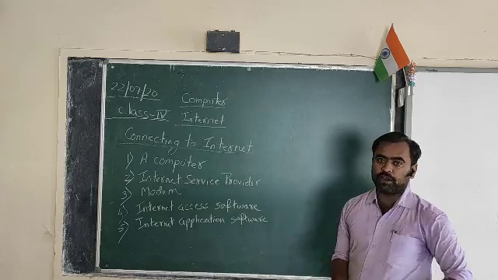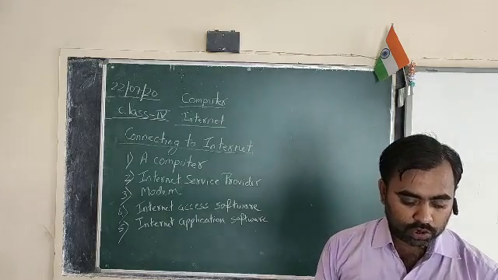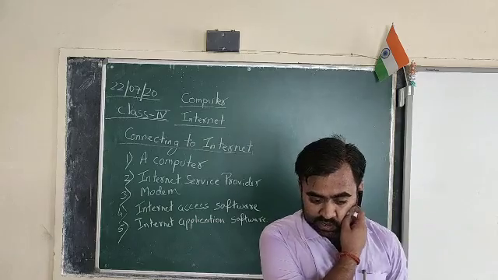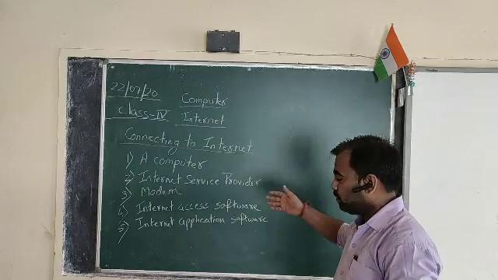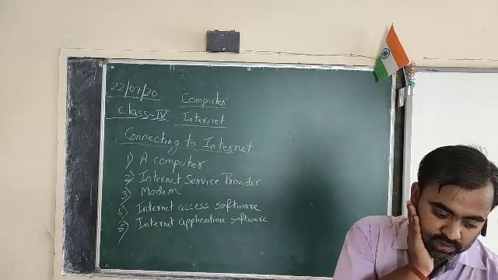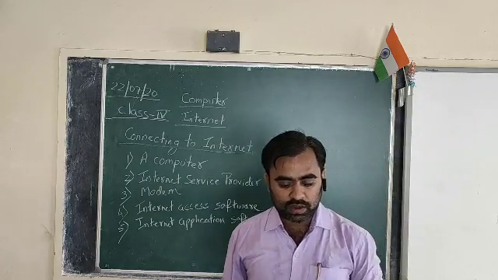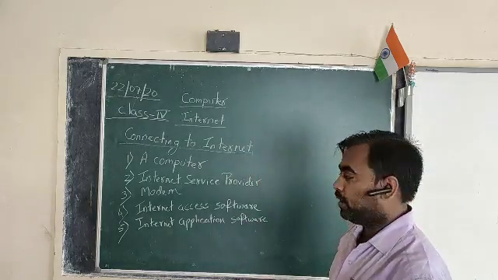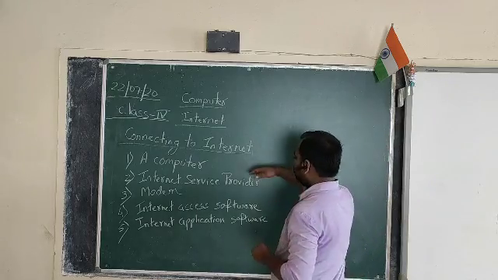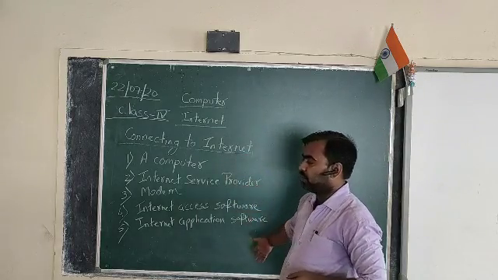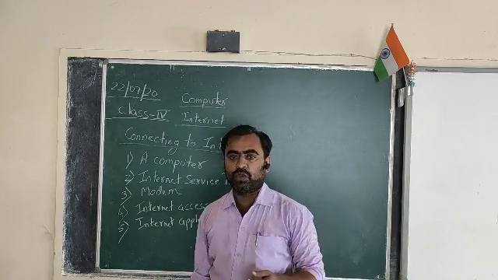Okay, so these are the 5 important things required to get connected to the internet. The first one is the computer, the second the internet service provider, the third is the modem, then you need the internet access software, and lastly the internet application software. Now we will describe all these 5 things one by one.